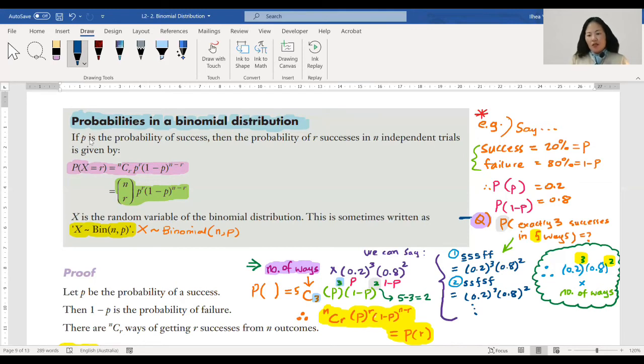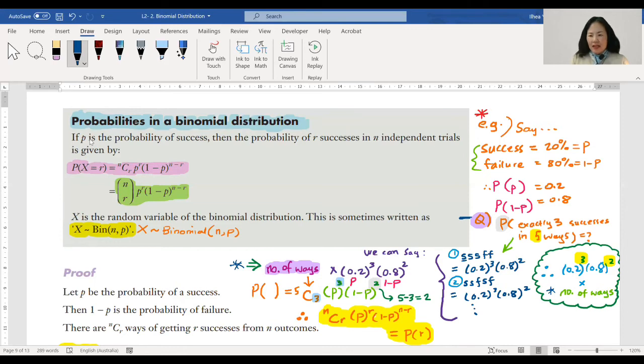Then if I swap around the chances of success in the 5 trials, you will still have the same probability, wouldn't you? It'll be 3 successes and 2 failures. The only thing I have to do is multiply it by the number of ways. Now we can say number of ways times 0.2 to the power of 3 times 0.8 squared. What does 0.2 represent? It's a success, P, isn't it?